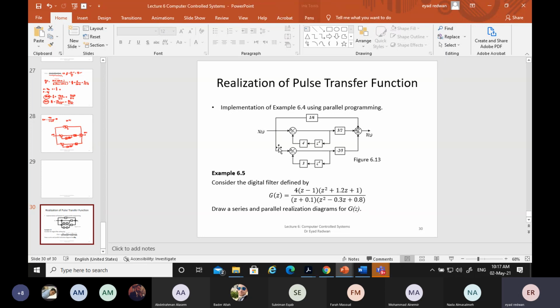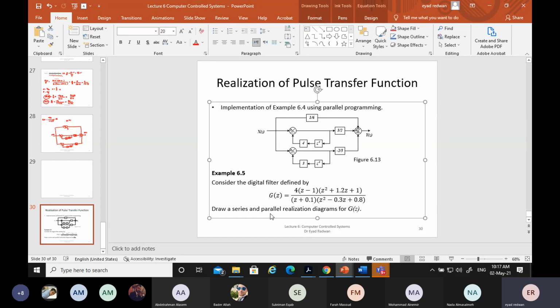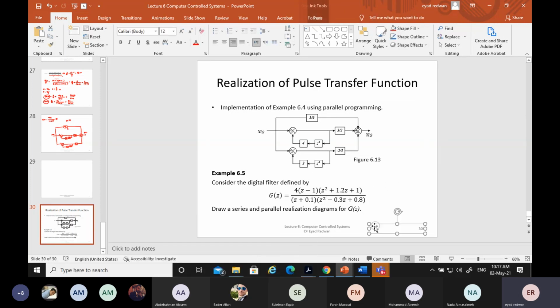You have a first order term and a second order term, so you'll have a constant term, first order term, second order term if you are doing parallel implementation. Now if you are doing series, then you have a first order times a second order term, so you have to go back to how to implement series and parallel for this digital filter. It's a digital filter, so try to solve this example. Okay?